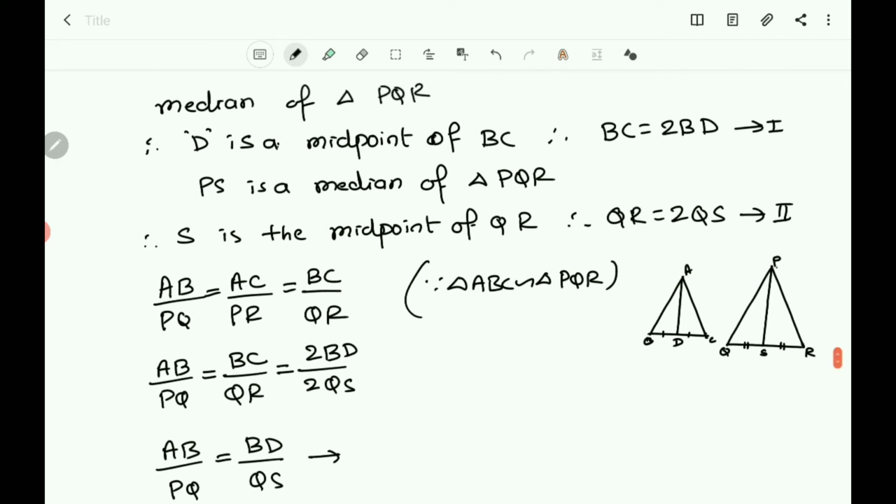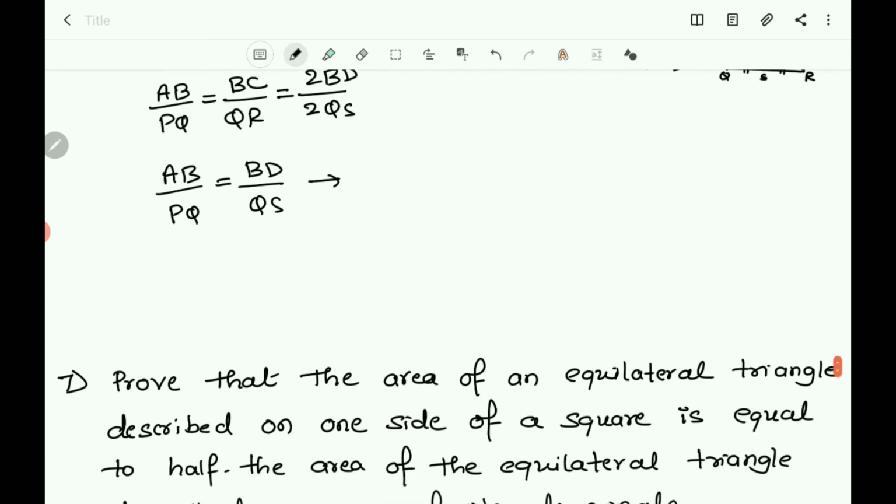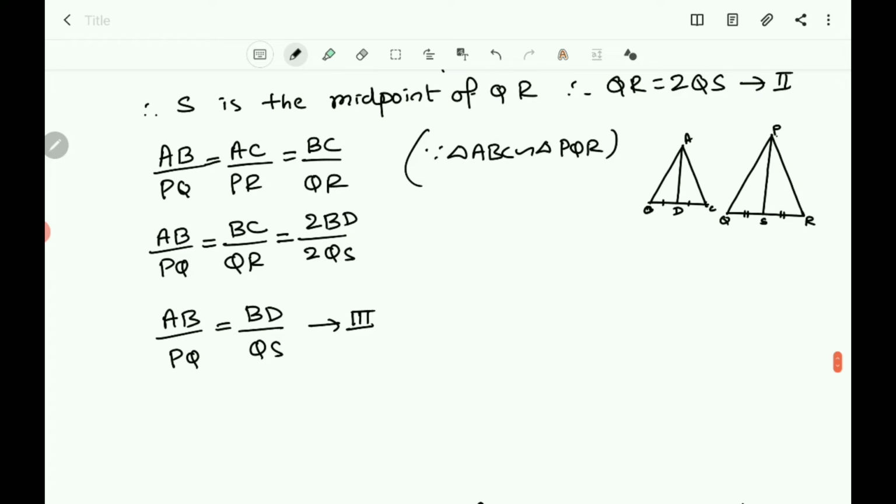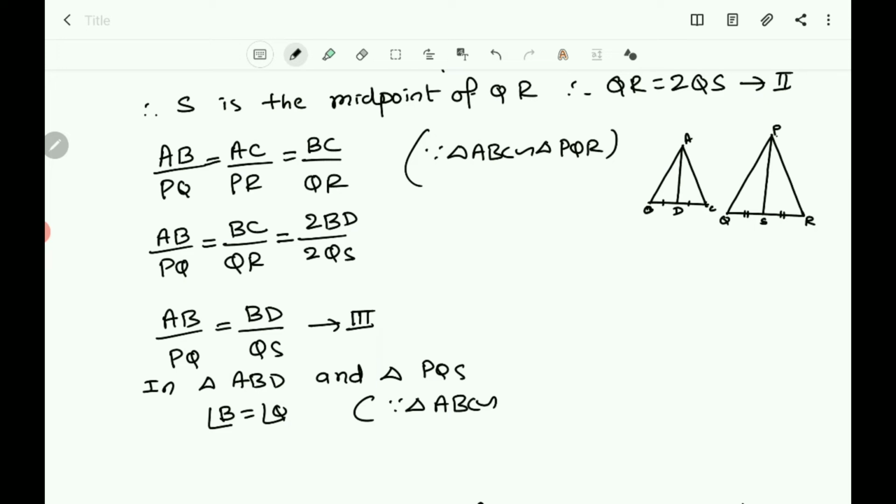Consider this as the third one. Next, in triangle ABD and triangle PQS, you write the ratio AB by PQ is equal to BD by QS, and also angle B is equal to angle Q, because triangle ABC is similar to triangle PQR, and the corresponding angles of the similar triangles are equal.